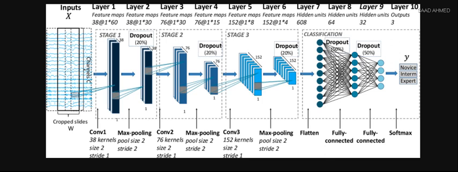This is the input section, the stages 1, 2 and 3, and the classification, where you use different kinds of functions. If you want to learn how neural networks work, we can do it later sometime.